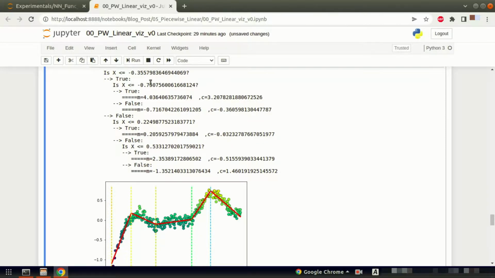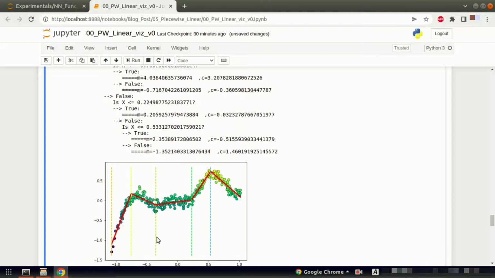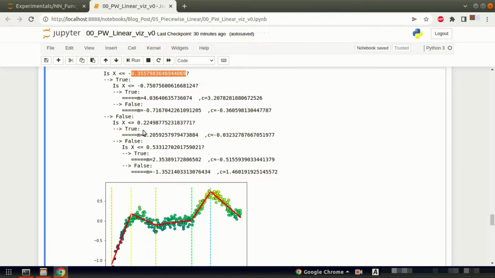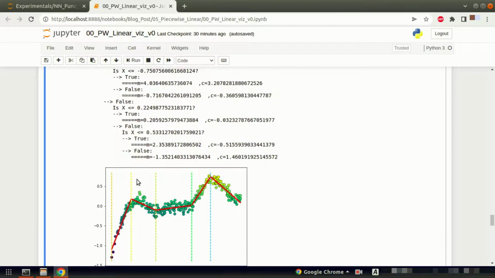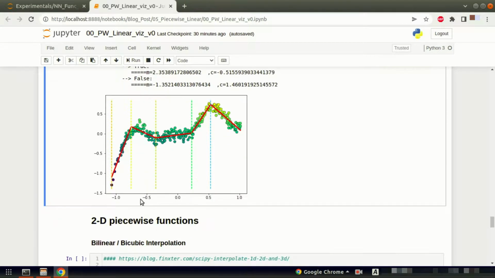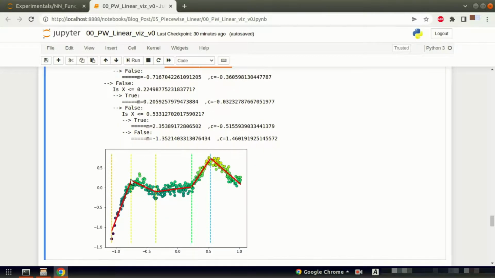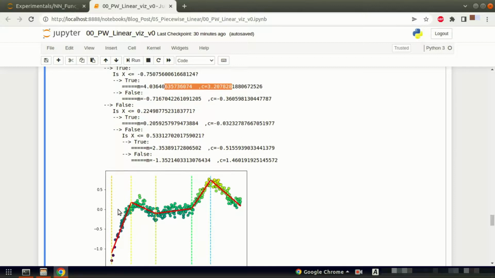So if x is less than 0.37, right, 0.37 here, and if it is true, then it asks if it is less than 0.75, right here, and if it is true, then we get the equation of this line. If false, we get the equation of this line, right?